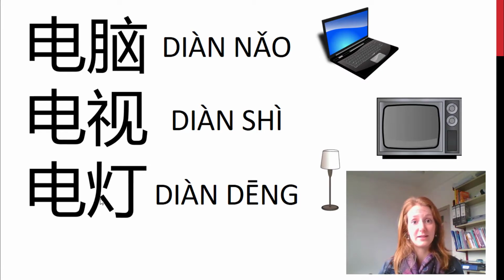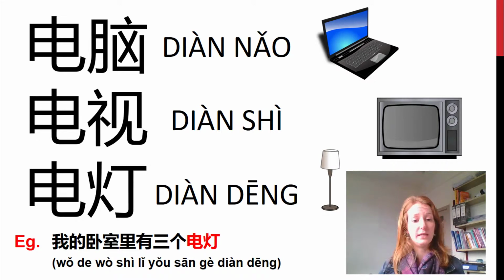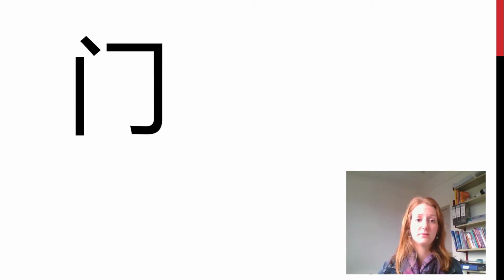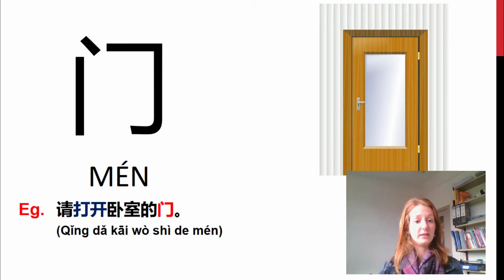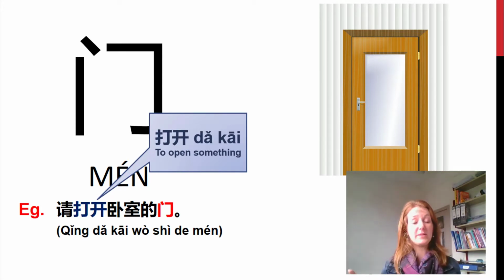The very earliest lights were fire, so that is where we get 灯, a lamp or a light. 电灯. 我的卧室里有3个电灯. 这是什么？这是门。请打开卧室的门。打开 to open something. Remember in class I say 打开书 open your books.